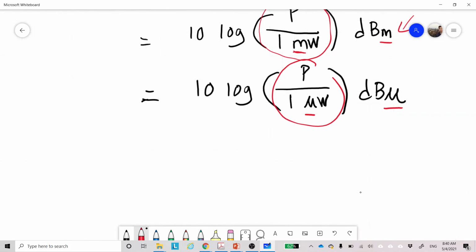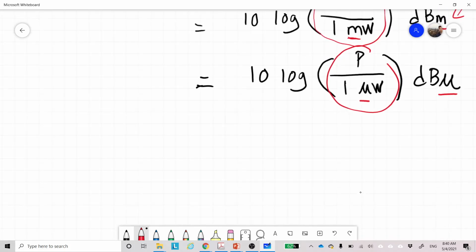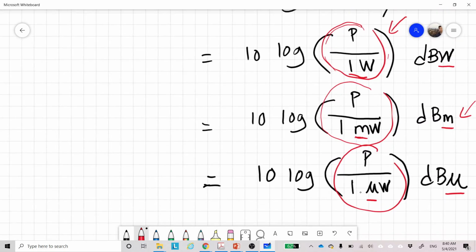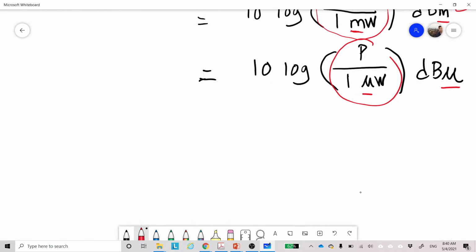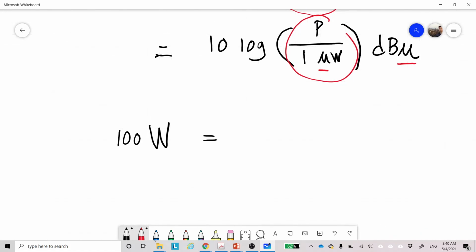Okay, and maybe we need to do some examples. For example, I have 100 watt. I can change this into dBW.